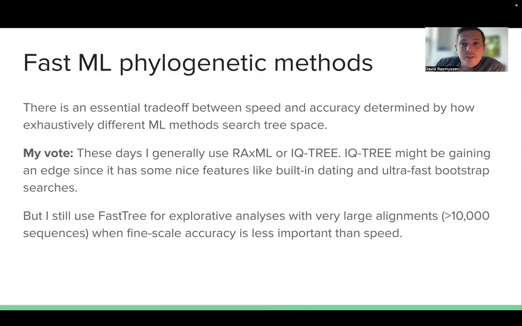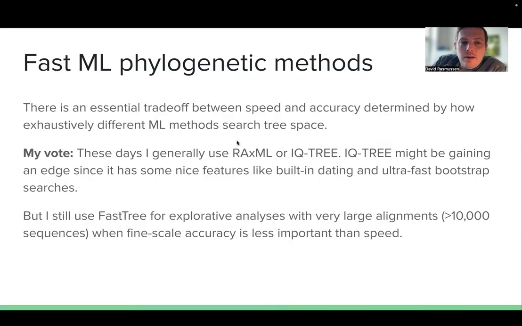IQ-TREE is especially nice because it can not only reconstruct trees for you, but it can generate maximum likelihood time calibrated trees, which is really nice if you want to date the events in a given tree, like the time of a most recent common ancestor, like we do in BEAST, without necessarily having to do Bayesian MCMC.